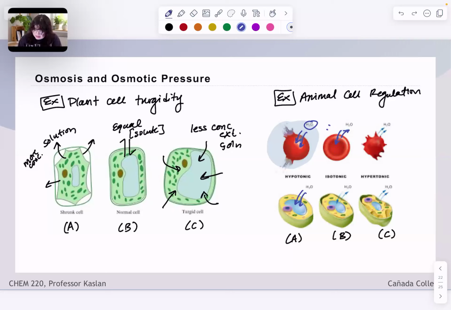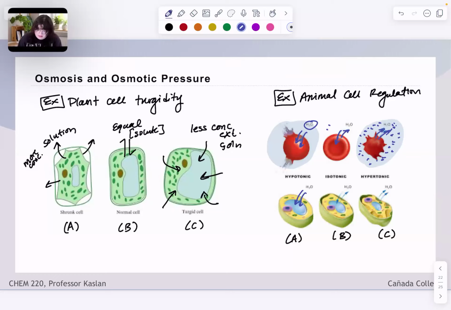And then case C, hypertonic, is where we've got a cell that exists in an environment where instead of being surrounded by something like pure water or a dilute solution, it is surrounded by a solution that has a high solute content. So if you were to put this in salt water or sugar water or in an excess of protein, we would see that the majority of the water would then, via osmosis, leave the cell.